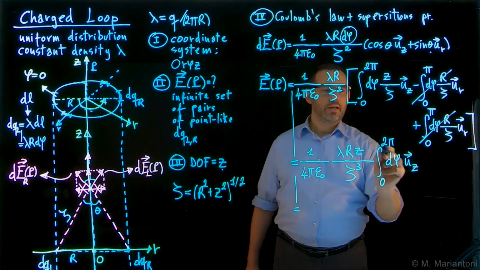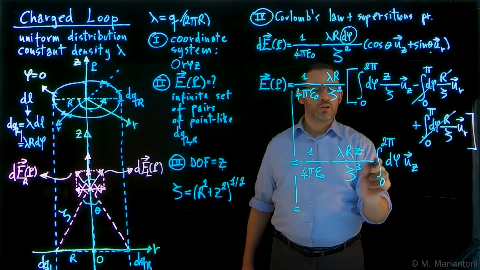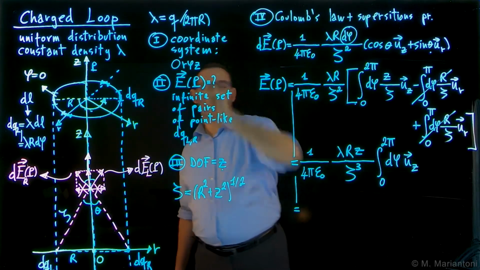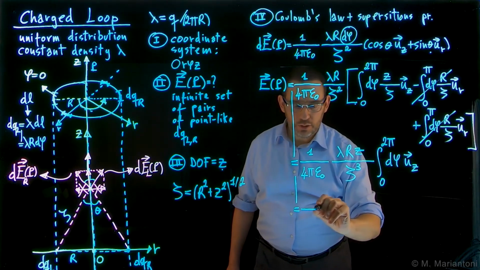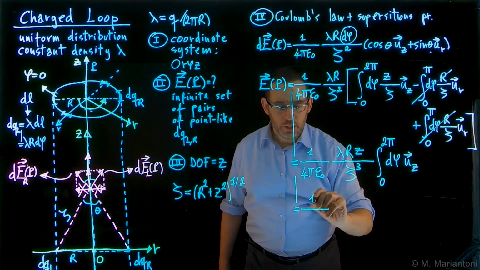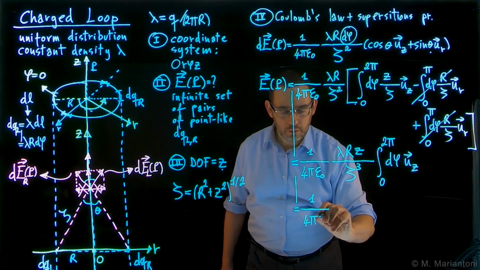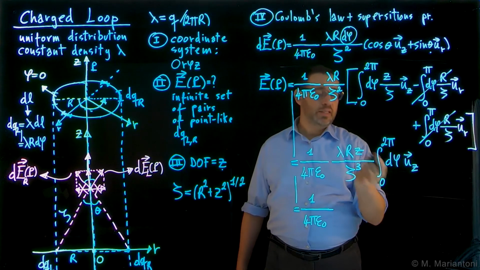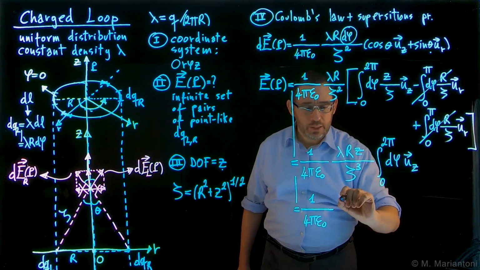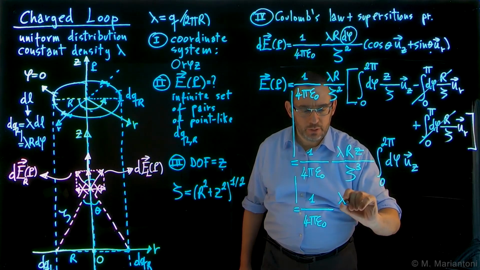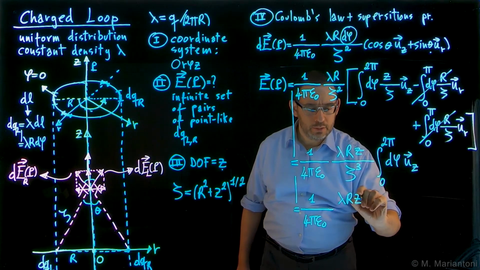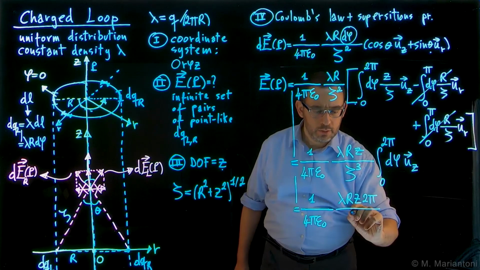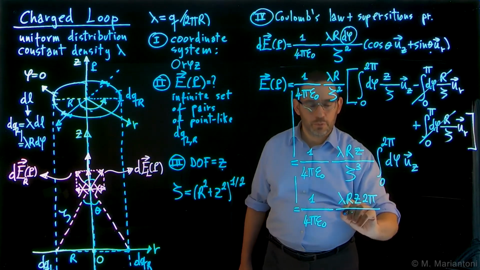And so to conclude, this gives me 2 pi, and so I obtain the overall charge. 2 pi lambda capital R is nothing but the total charge Q, and so we can write this quantity as 1 over 4 pi epsilon naught times, let's express it as a function of lambda, lambda capital R z times 2 pi divided by Greek z to the power of 3.